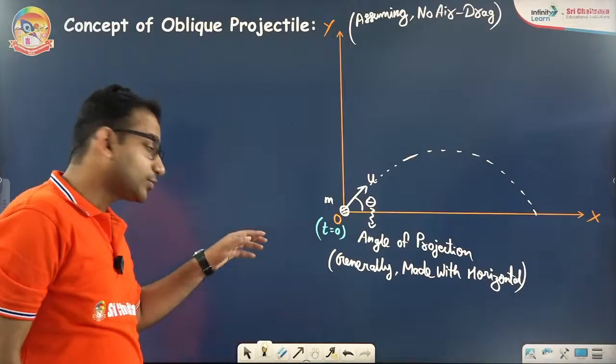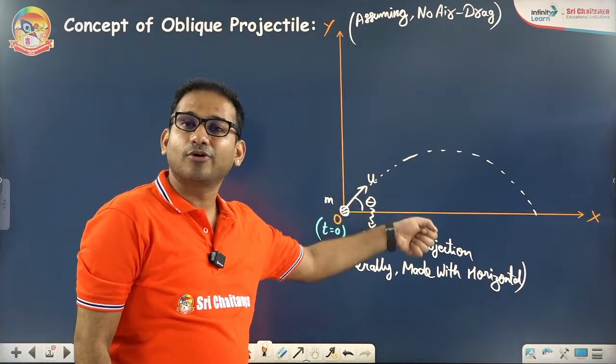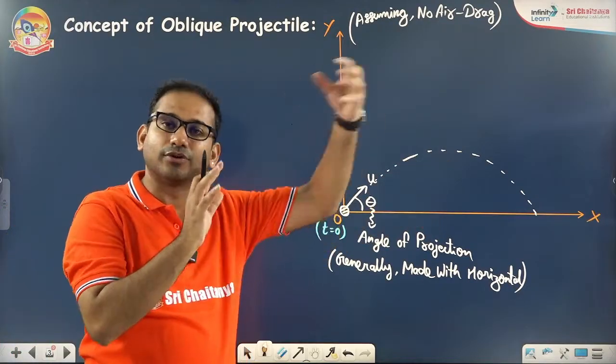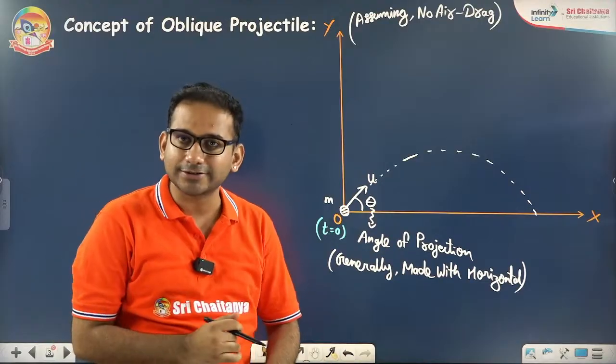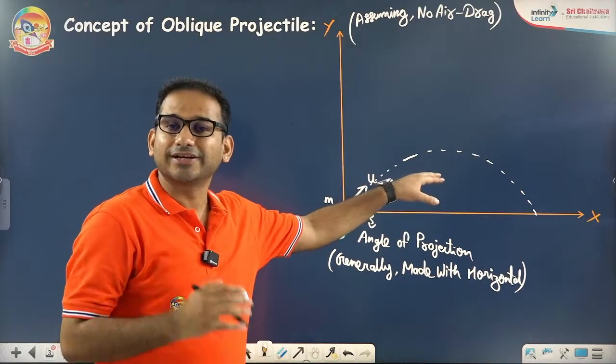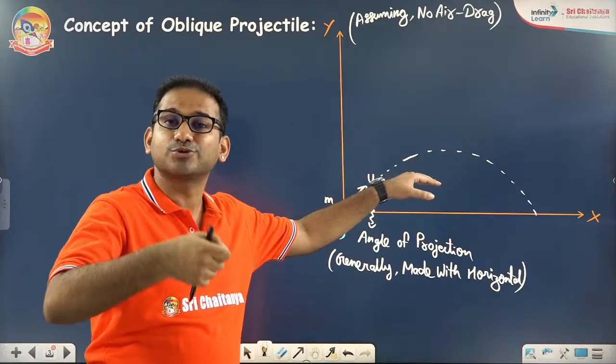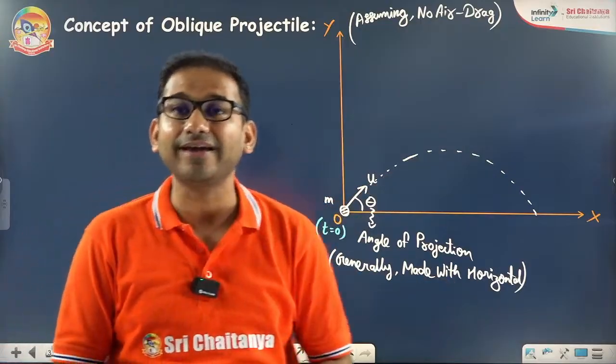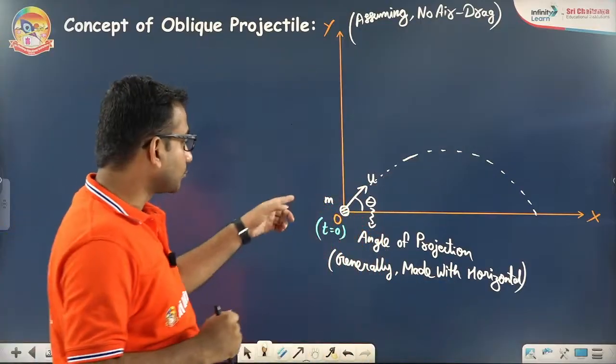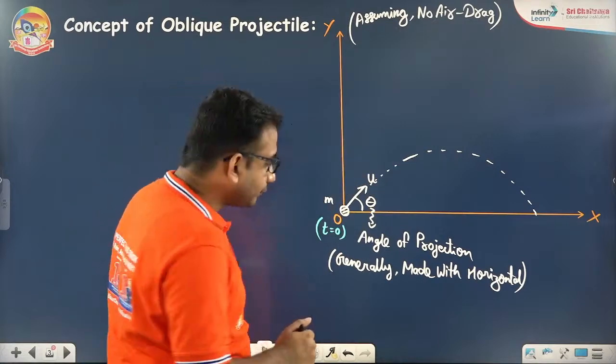Once thrown from your hand, you have projected it with a certain velocity. After that its motion is only going to be governed by gravity. The projectile is only moving under the influence of gravity.